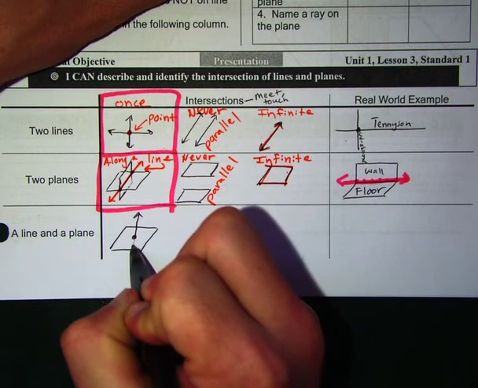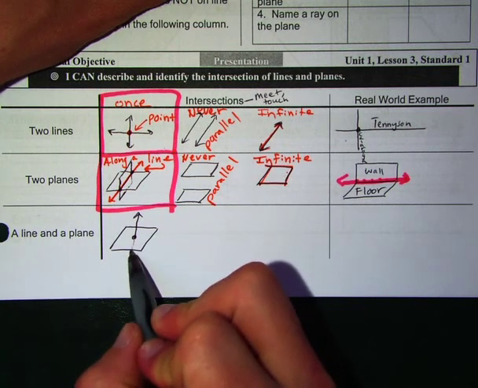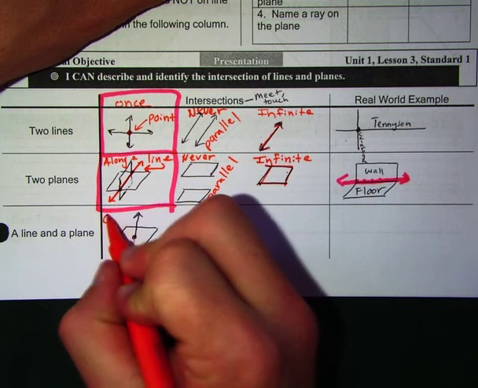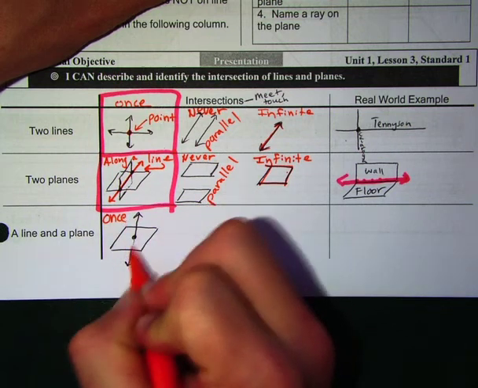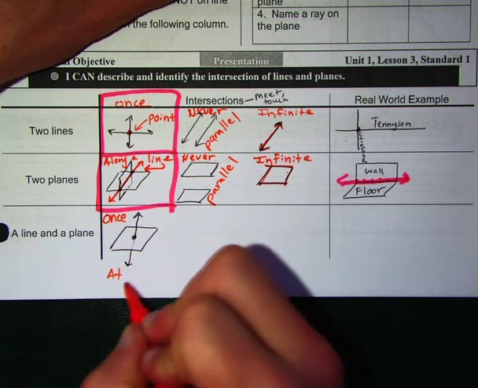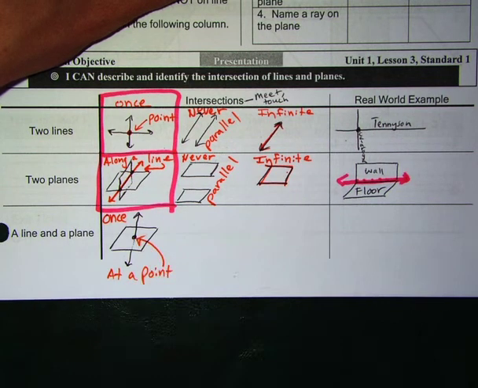I'm going to do a dotted thing here because the line is technically underneath the plane right now, and then I can see it again. So right here, the line and the plane intersect once. And where is it? At a point. Right there. One spot they touch.